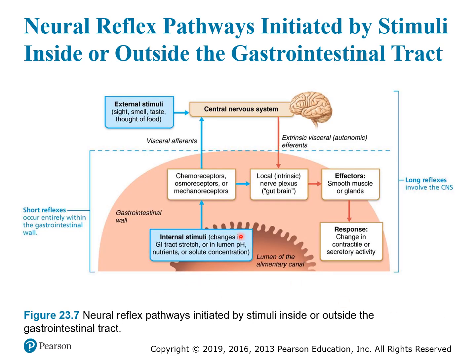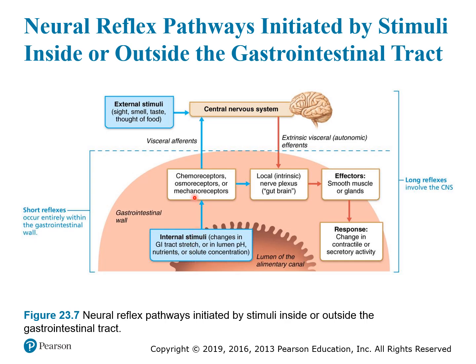Now let's go over this diagram so we can see. Let's look at the short reflexes. Short reflexes are in the gut. There are internal stimuli. Those internal stimuli can be changes in the GIT stretch, the lumen pH, the nutrients, or the solute concentration.